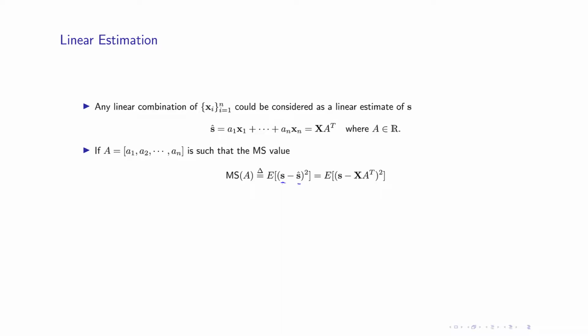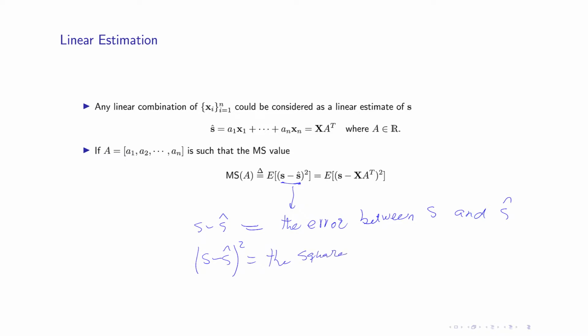So what we consider is the error between S and S hat. S minus S hat is the error, and S minus S hat to the power of 2 is the squared error.